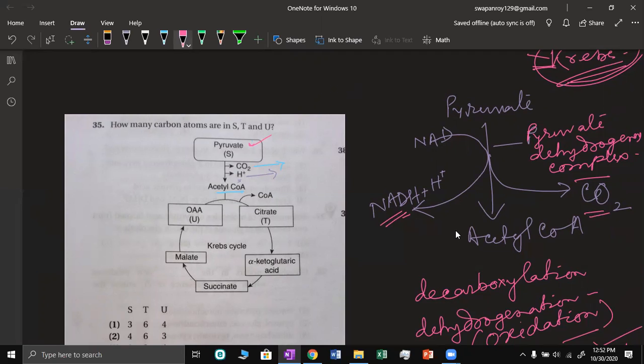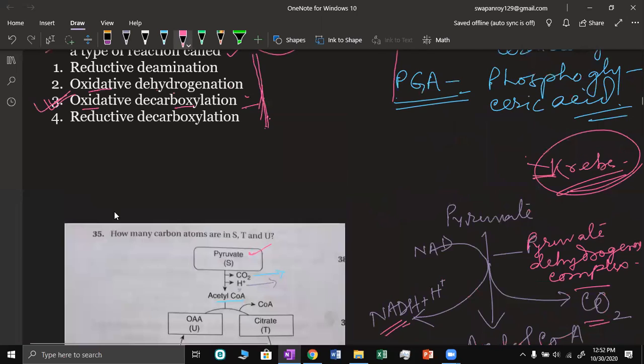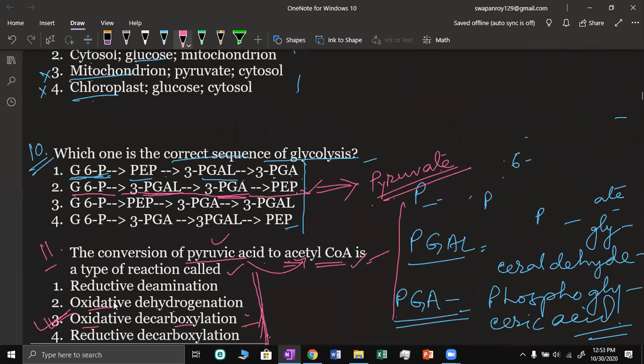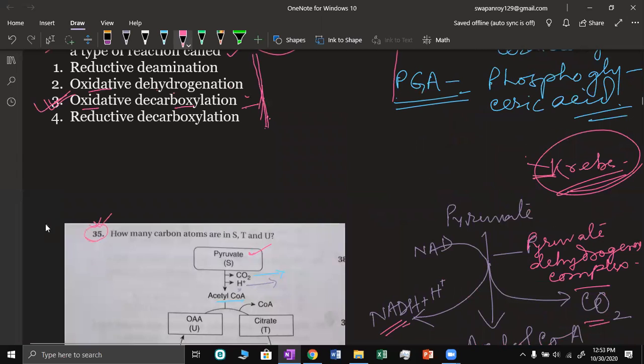What is the number of carbon atoms in those compounds, the total number of carbon atoms? Here the question number is given as 35, which is from the book the question was taken from. Otherwise you can mark it as question number 12.